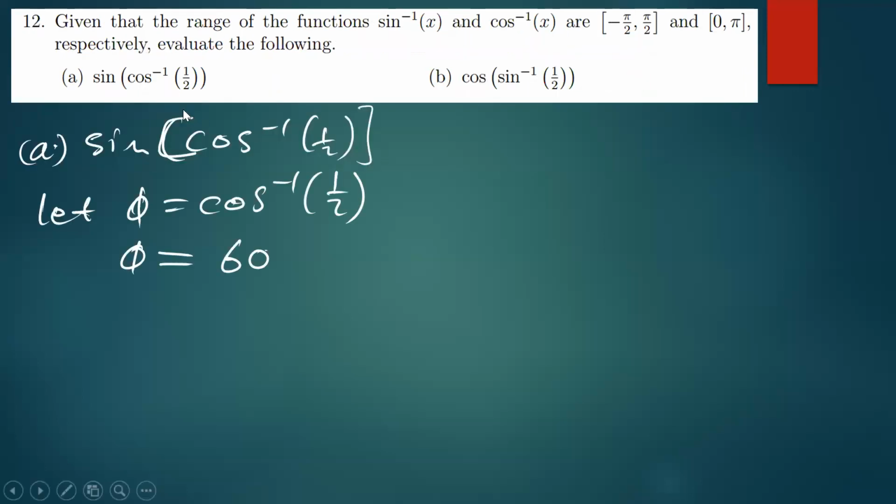Okay, so let's proceed with this one. Cos inverse of half is the one that gives us 60. Yeah. Okay, so let's quickly move on. All right, so we have 60, and in radians, we said it's 1/3 pi.